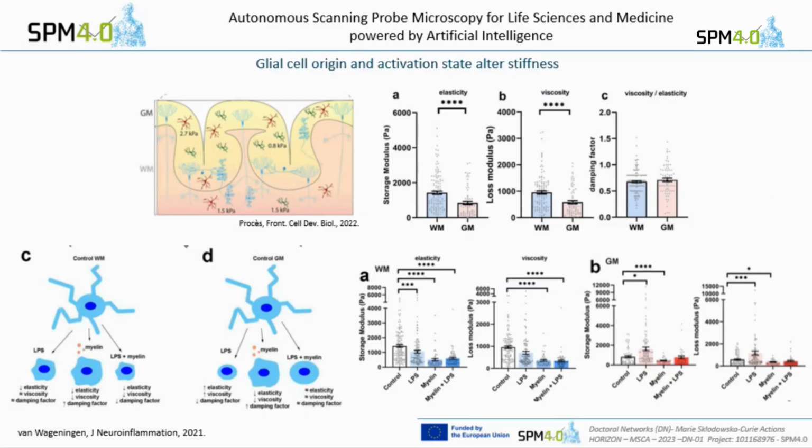And in response to myelin and LPS, the microglia within the white matter becomes less elastic, and it's unchanged on average for the microglia from the gray matter. So the message here is that we have to consider which cells are present within the tissue, where they originally came from, whether it's a white or gray matter cell, and the activation status of these cells.